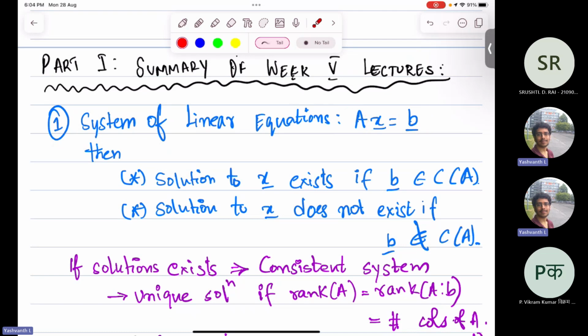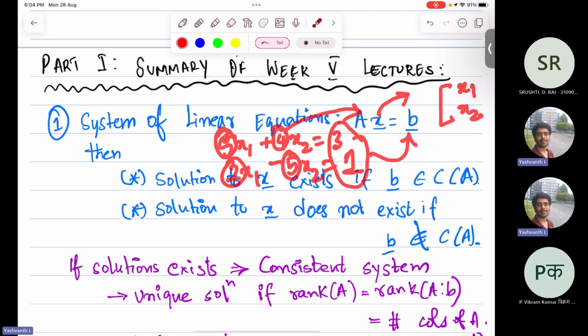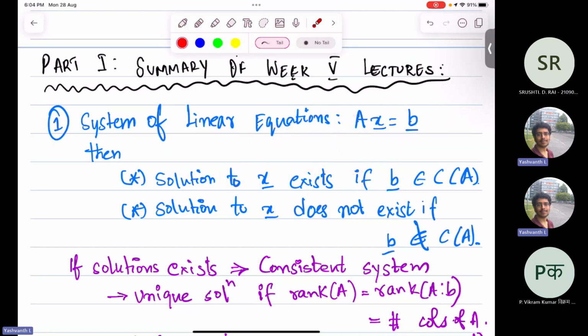For example, if I have 5x1 + 4x2 = 3 and 2x1 - 5x2 = 1, then 3 and 1 go into the b vector, the four numbers 5, 4, 2 and -5 go into the matrix A, and the x vector is just x1 and x2, which is the vector that we want to find.